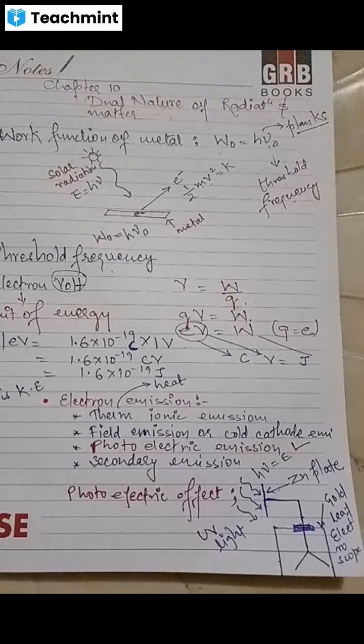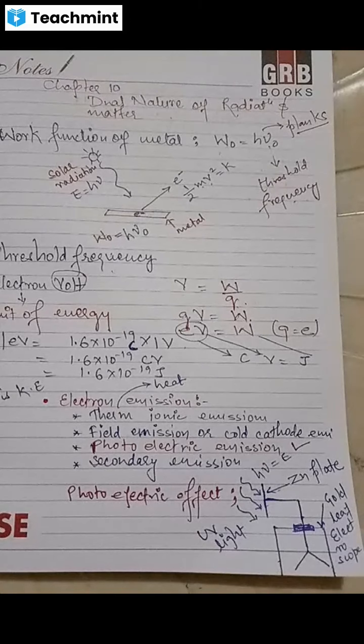Full stop. The photo-generated electrons are called photoelectrons.